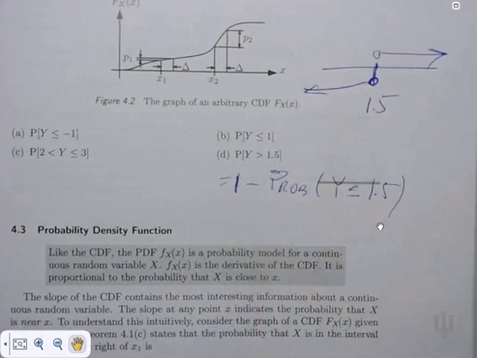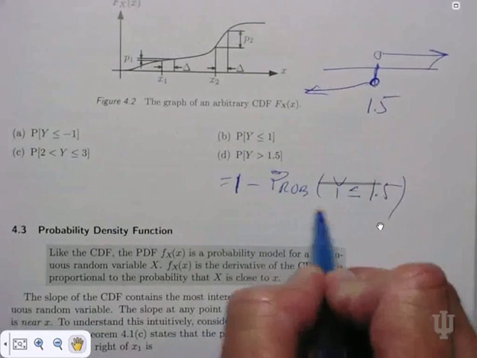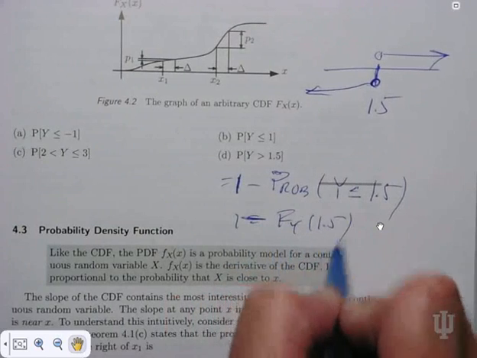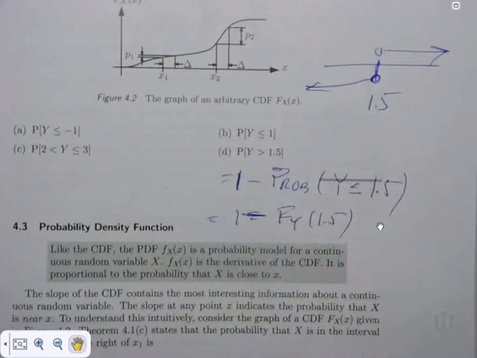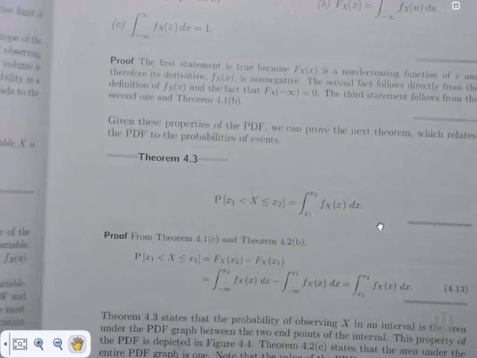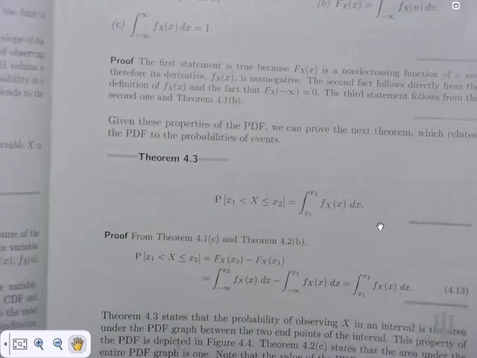This probability is given by your function, so you simply evaluate at 1.5. Okay? We'll continue tomorrow talking more about the density function.